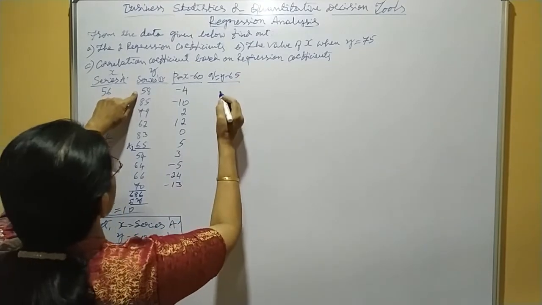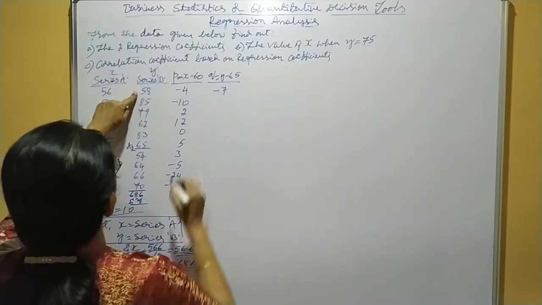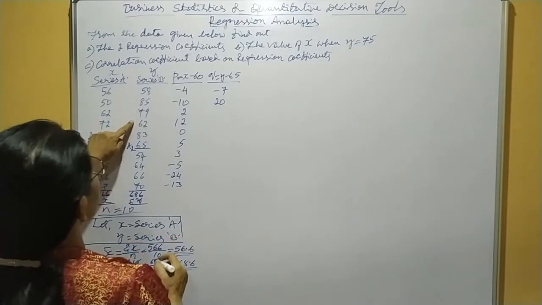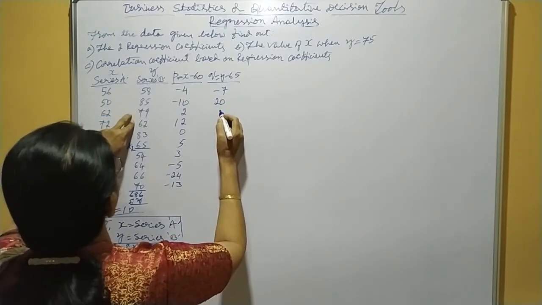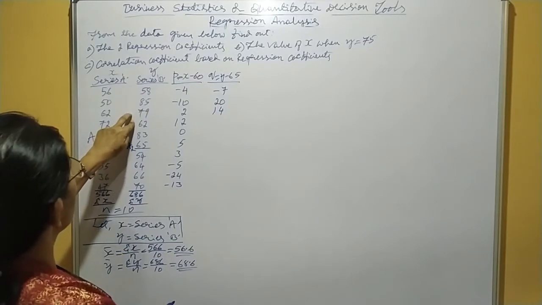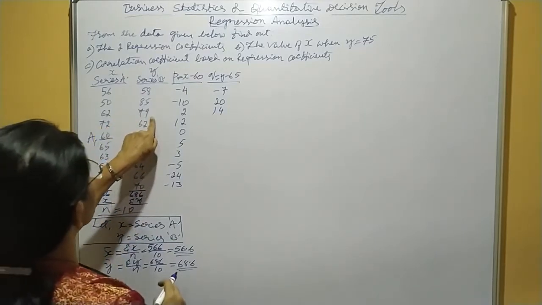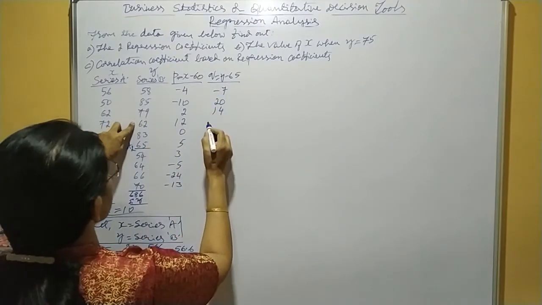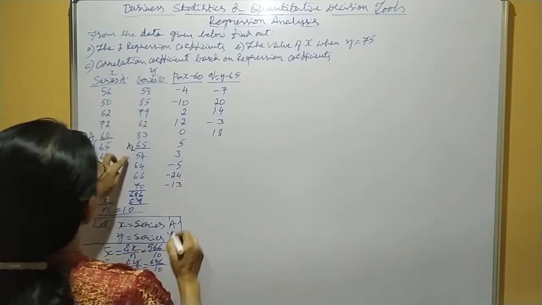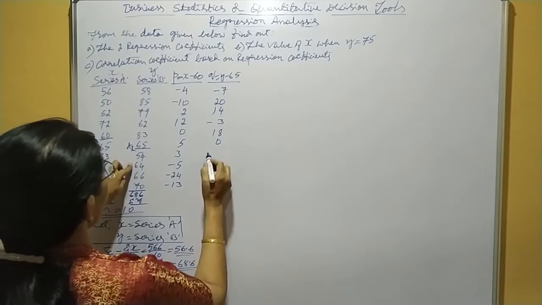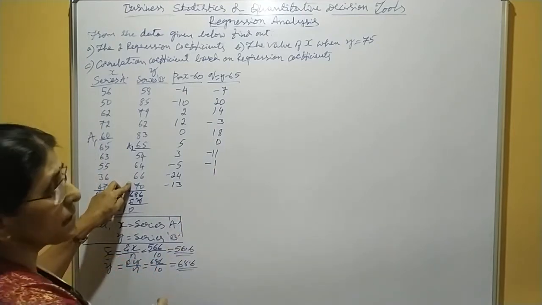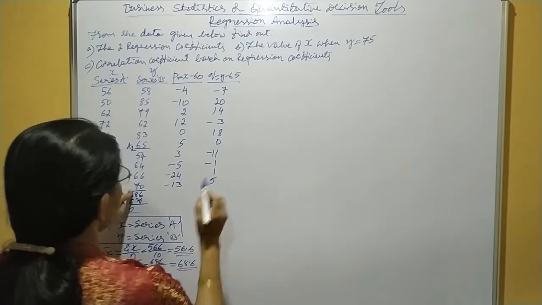Now 58 minus 65, 85 minus 65, 79 minus 65, 62 minus 65, 83 minus 65, 65 minus 65, 54 minus 65, 64 minus 65, 66 minus 65, 70 minus 65. Okay.